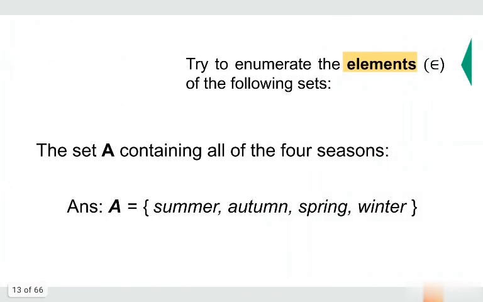So another symbol for element is this one. The set A containing all of the 4 seasons. So A equals, you have to have a brace when you're using the set notation. So of course, the 4 seasons are summer, autumn, spring, and winter, separated by commas.